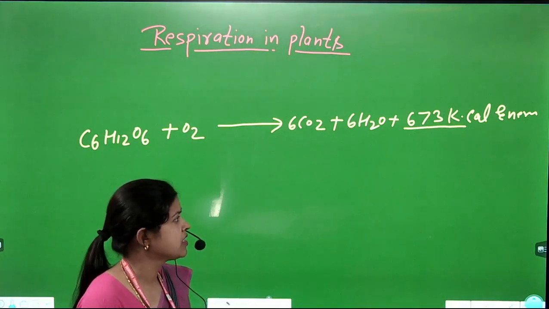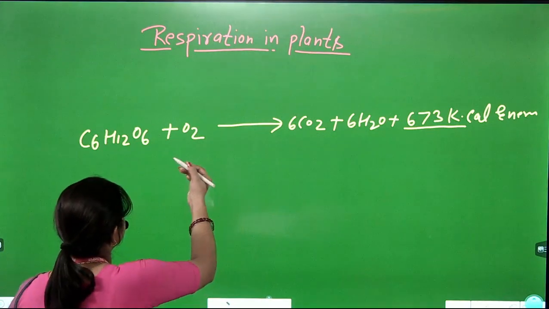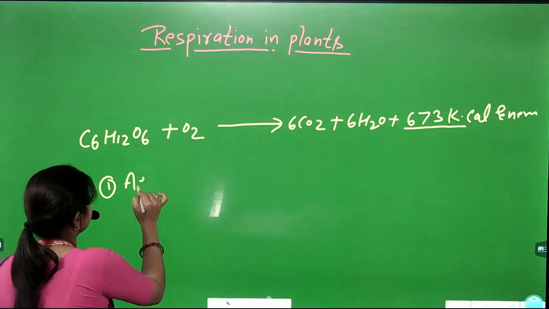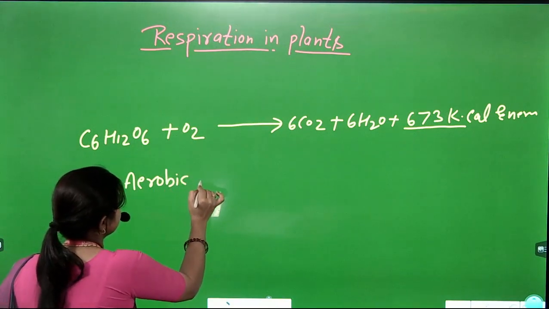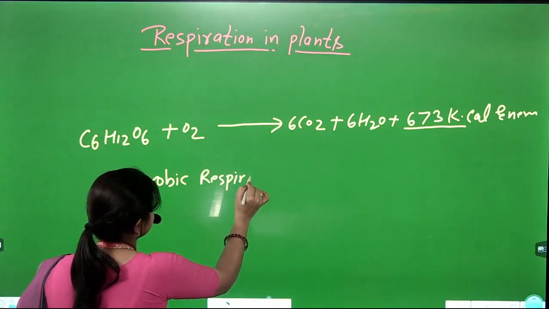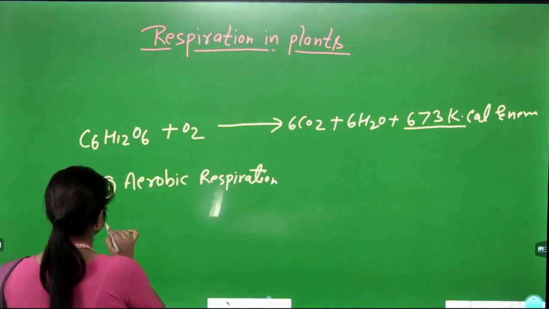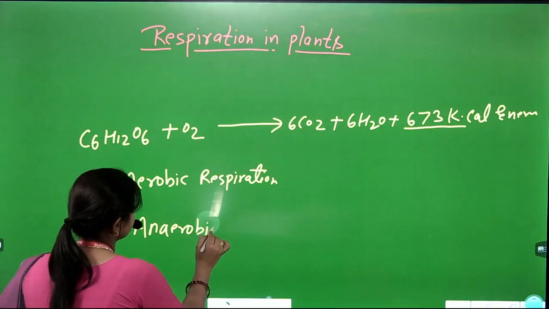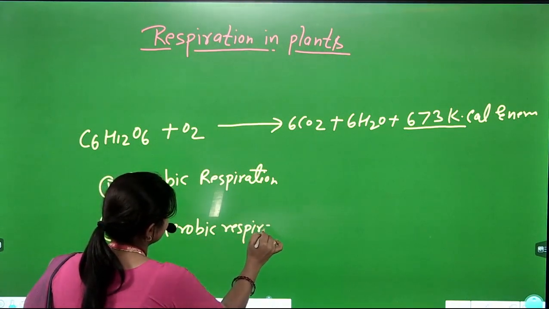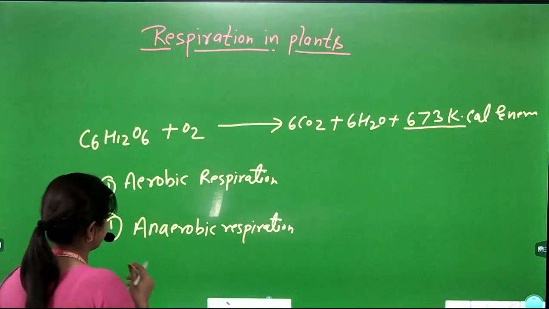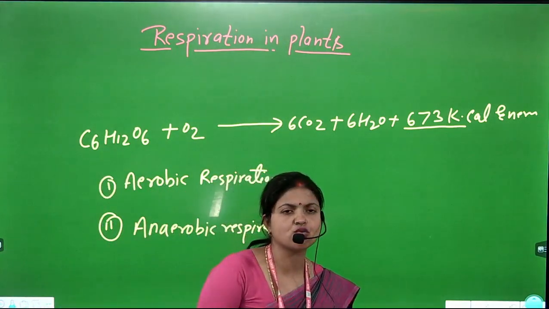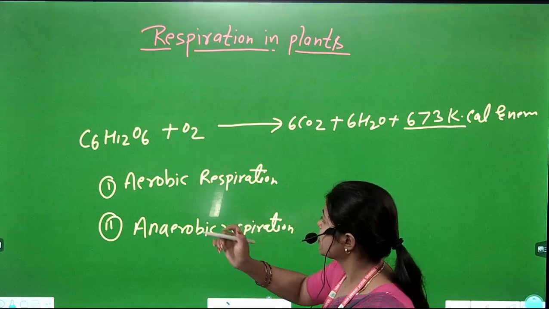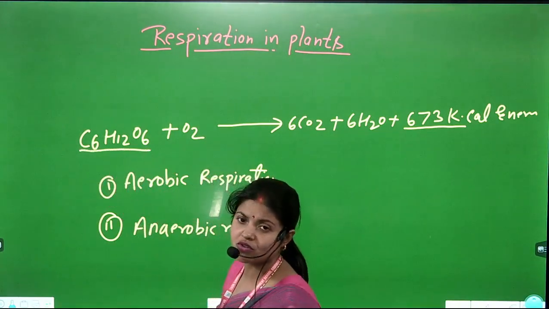There are two types of respiration: aerobic respiration and anaerobic respiration. In this process, the first step is glycolysis.